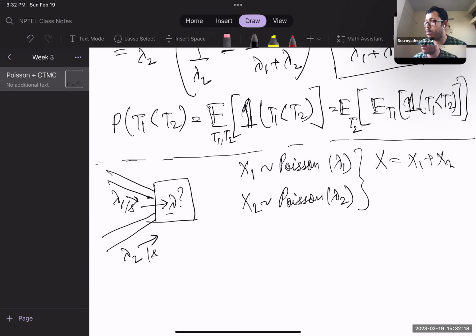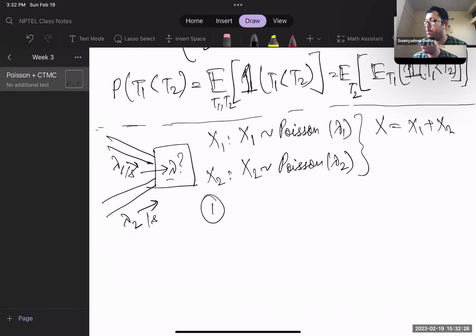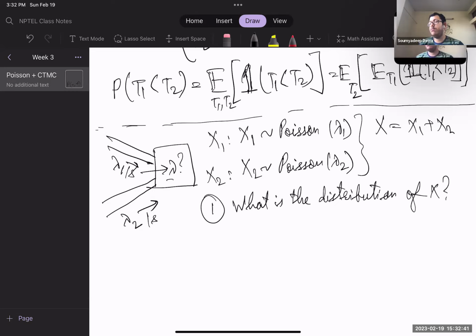So question 1: what is the distribution of x? Does x behave as Poisson? Does x behave as Gaussian? Does x behave as, I don't know, binomial? Any answers or any guesses?